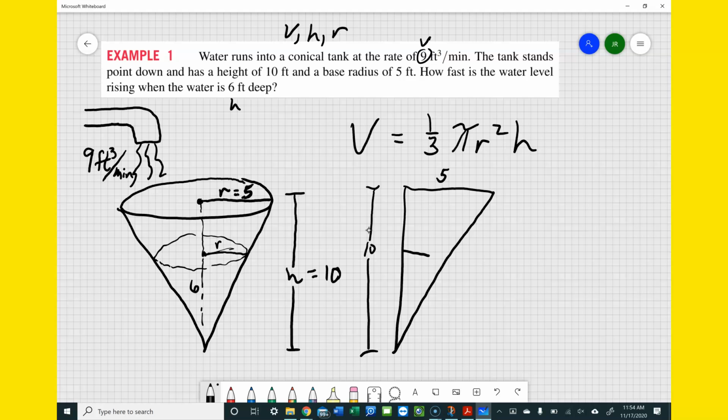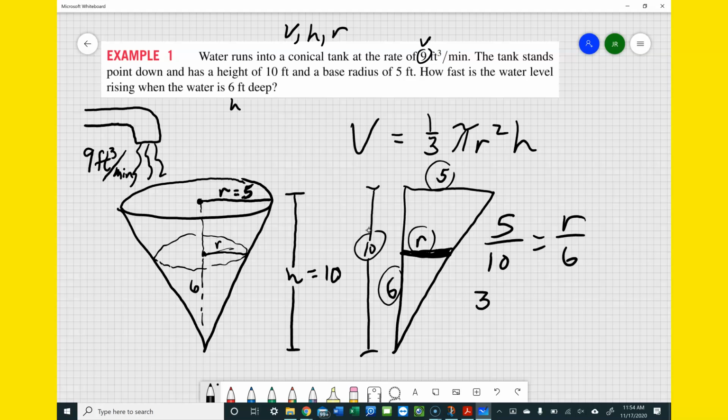And then anywhere else, like here, we have a height of 6, and we have a radius that is associated with that we don't know, but we can solve for it based on this similar triangle situation. We can just use a ratio. 5 is to 10, just as r is to 6, right? 5 is to 10, the big ones, just as the little ones are to each other.